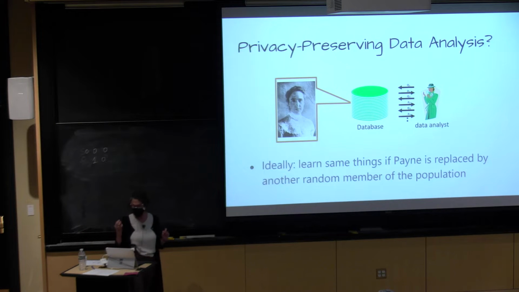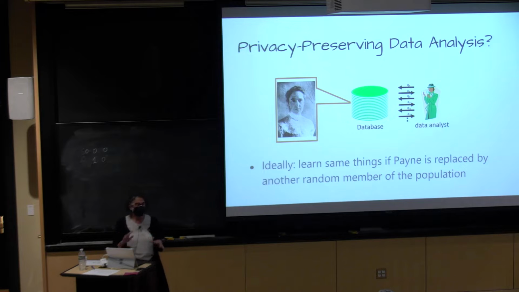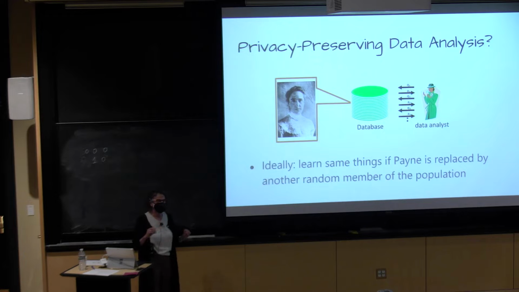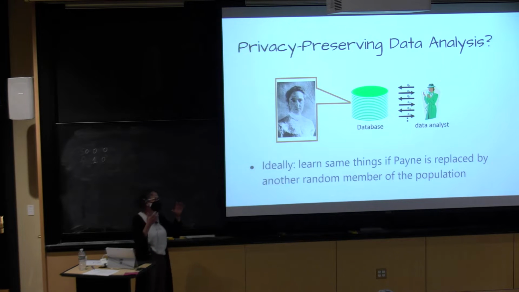And this turned out to be a valuable means for measuring distances across space. So the point is, we would learn the same thing about Payne's feet, even if Payne left the database, was replaced by Leavitt, or other small changes were made to the database, right? And so in that sense, it isn't learning about Payne, it's learning about people as a whole. And we simply declared it not to be a privacy compromise.